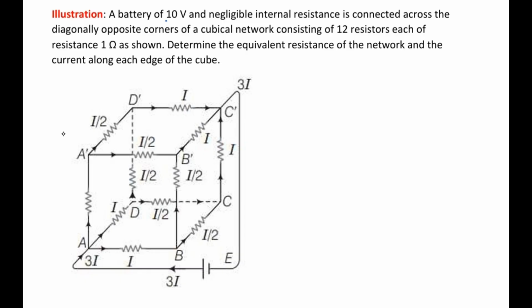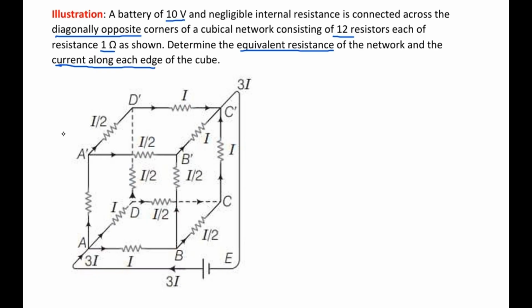A battery of 10 volt and negligible internal resistance is connected across the diagonally opposite corners of a cubical network consisting of 12 resistors, each of resistance 1 ohm, as shown in the figure. Determine the equivalent resistance of the network and the current along each edge.